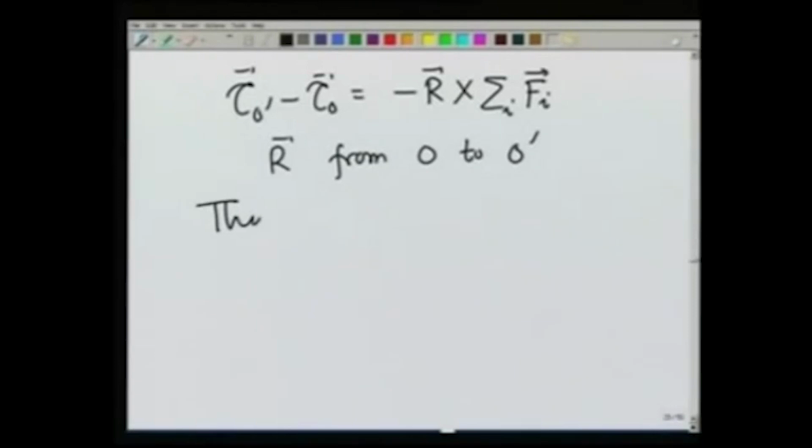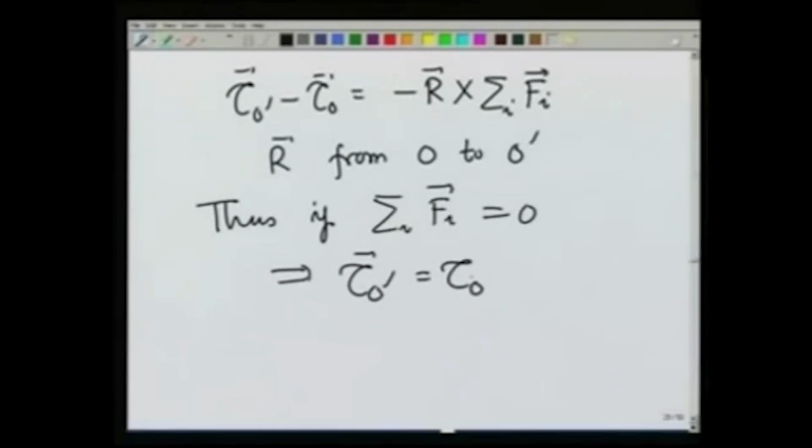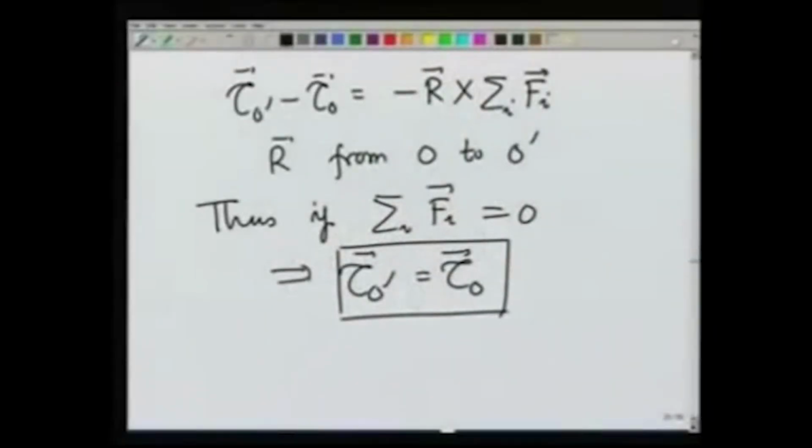Thus, if the total force, the summation of F i, is equal to 0, this implies tau O prime is going to be equal to tau O. The torque becomes independent of the origin because I took O and O prime arbitrarily. This is what I promised you earlier. I will show that if the total force on a system is 0, then the torque is independent of the origin. No matter about which point I take the torque, it will always come out to be the same.